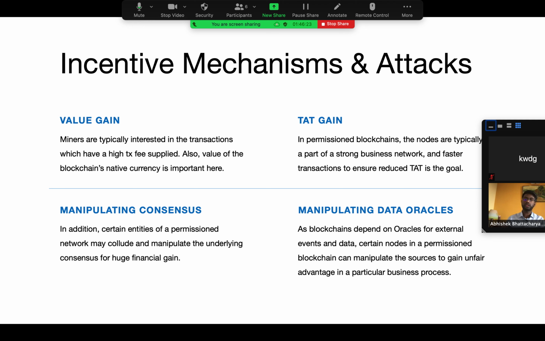When we are talking about a private or permissioned blockchain, there is no value gain. If one of my banks is mining on my network, which they are also part of, I cannot give them money in return. The goal of such a permissioned network is to arrive at a common solution, or solve a particular problem. For example, in our case, that is giving the farmer a loan against their commodity in record time.